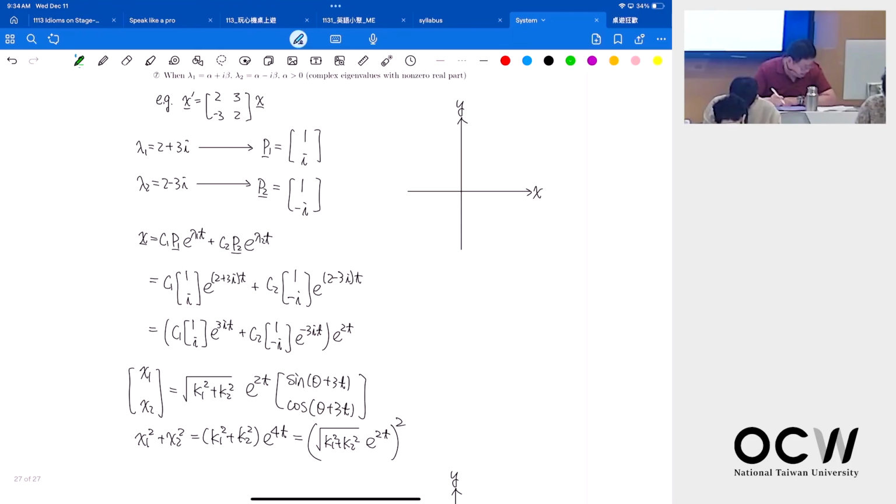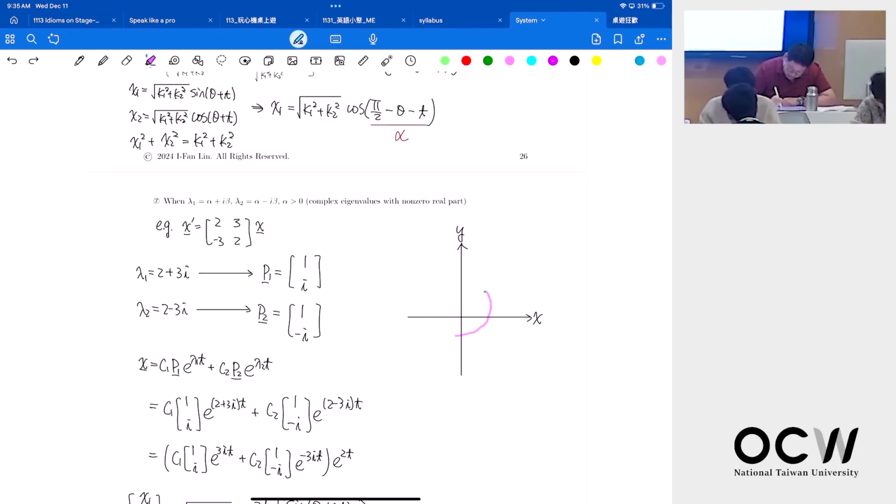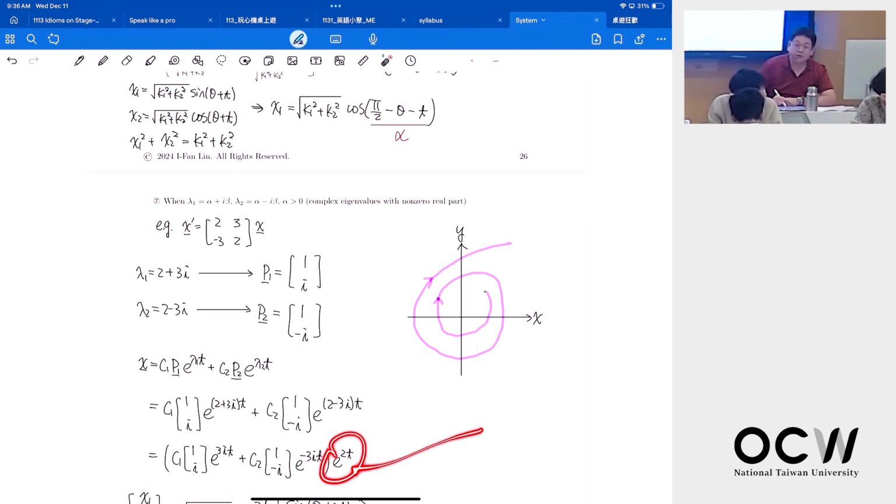Then we can plot this. So they will go out. Because you can see that there's an e to the 2t. Finally, they will diverge. And for 0, 0, we say the origin is an unstable point.